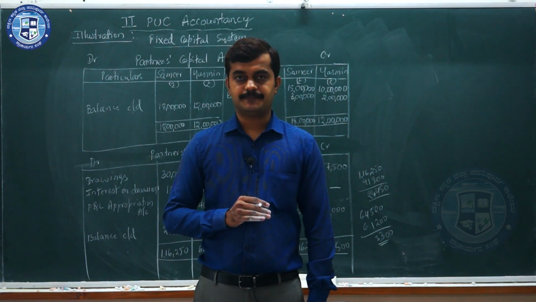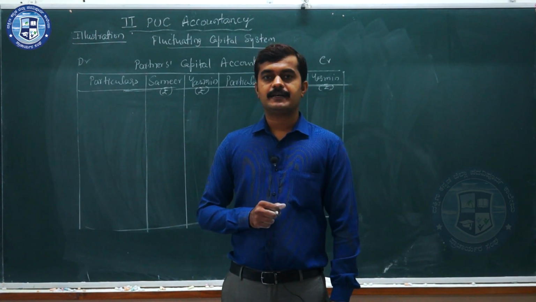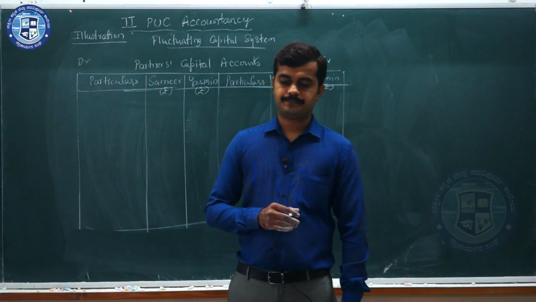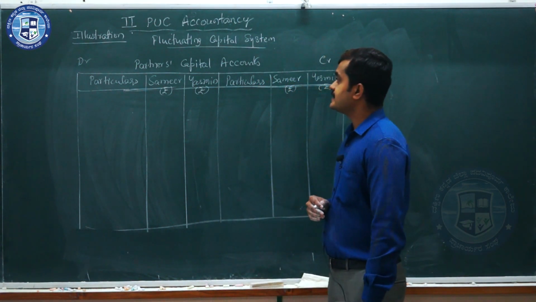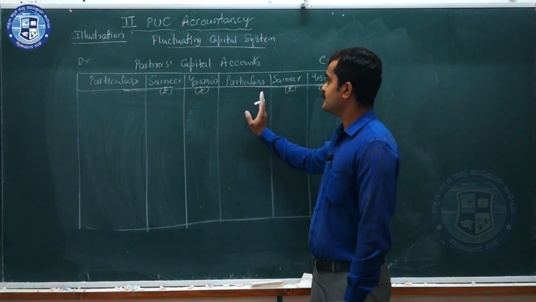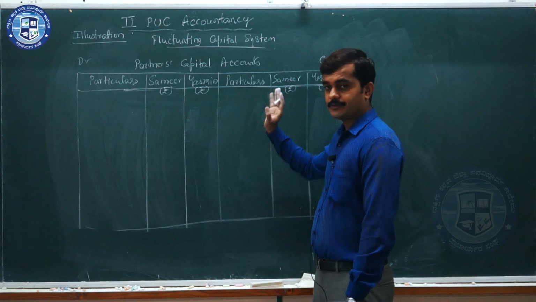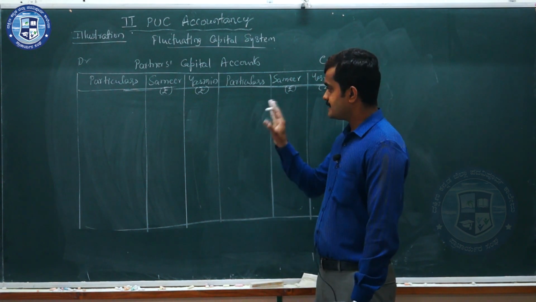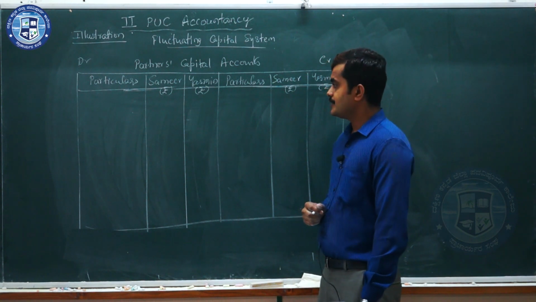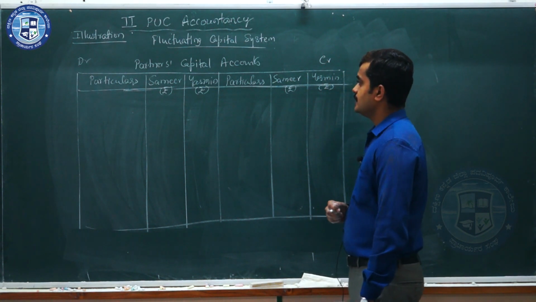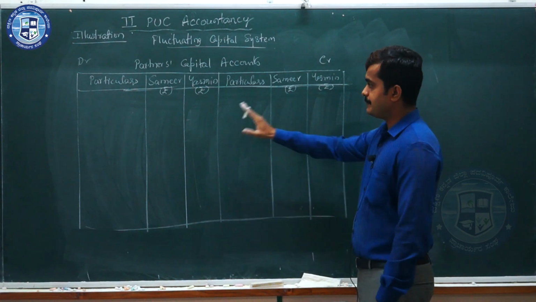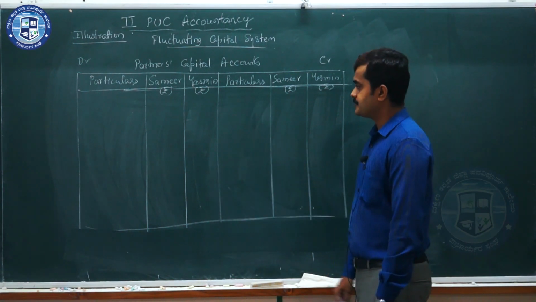Let us look at the partners capital accounts under fluctuating system. So under fluctuating system we will be preparing only capital accounts. There is no current accounts required to be prepared. All transactions will be recorded through capital accounts only. So first we have two columns each side, one for Samir and another for Yasmin.